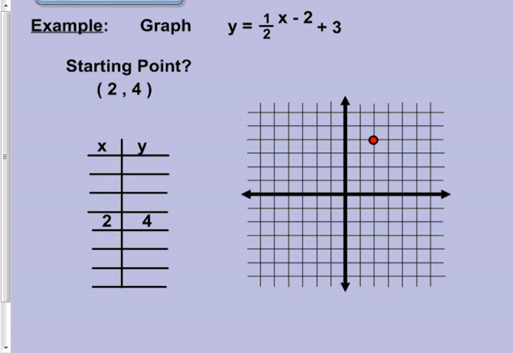Now, if we understand the graph and the equation, it should give us a pretty good idea of what kind of points to pick. Looking at this equation, we can see that our base value has been changed. It is a number smaller than 1. It is positive, but it is smaller than 1.